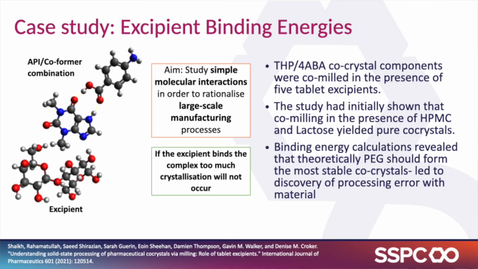And finally, we can introduce even more ingredients into this process if we go to the molecular level. So we can introduce excipients, surfactants, other different molecules that are in the pharmaceutical processing workflow. So this is a case study from a couple of years ago where we were looking at THP, which is a respiratory drug, and using very simple molecular ideas, which is that if your excipient is binding either of these molecules too much at the start of a mechanochemistry process, you're not going to get very stable crystallization out of that.